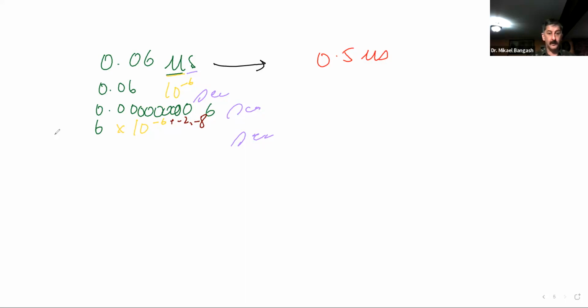The same goes over here. Your 0.5 is 0.5, the micro still is 10 raised to the power minus 6, and the second is the second.